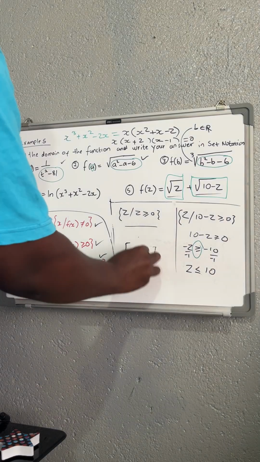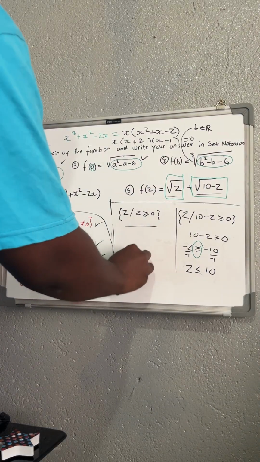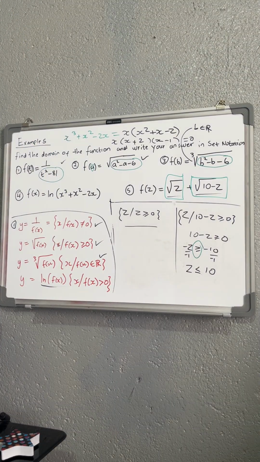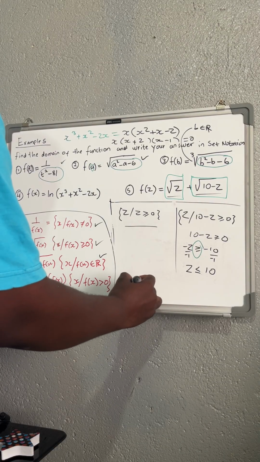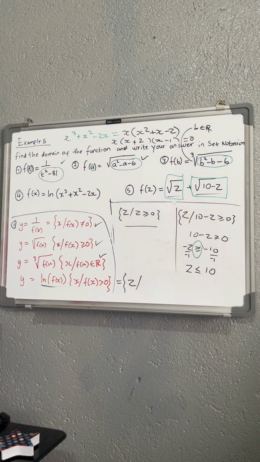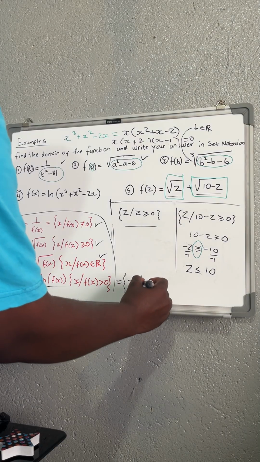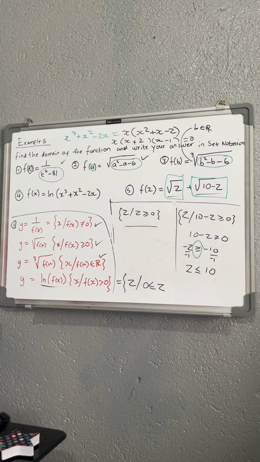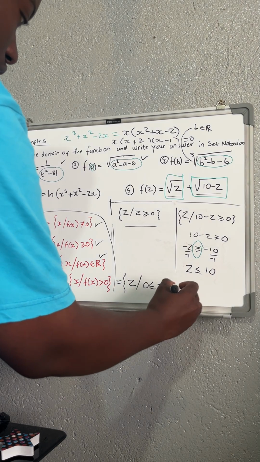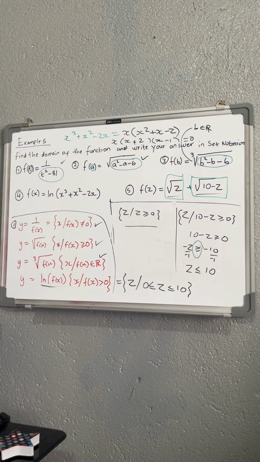So that would be the region that satisfies the two parts. How we write the final solution is: z such that 0 is less than or equal to z, then less than or equal to 10.